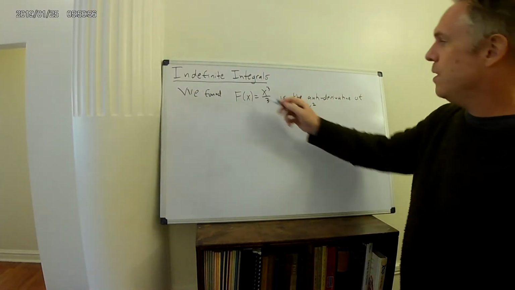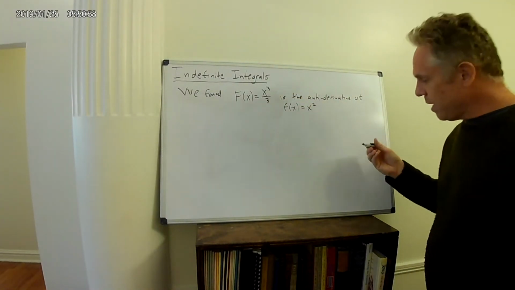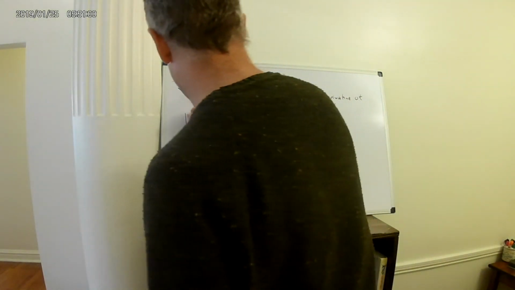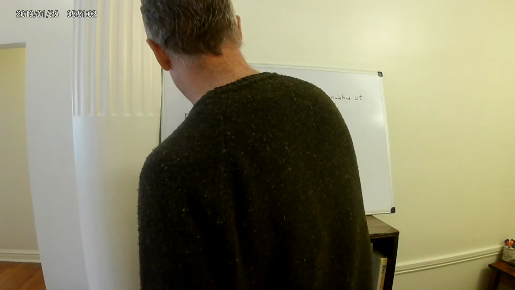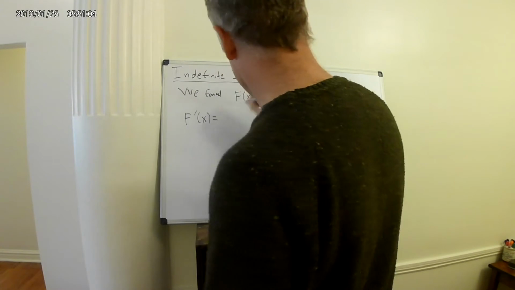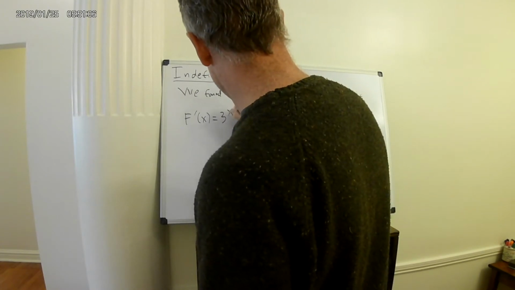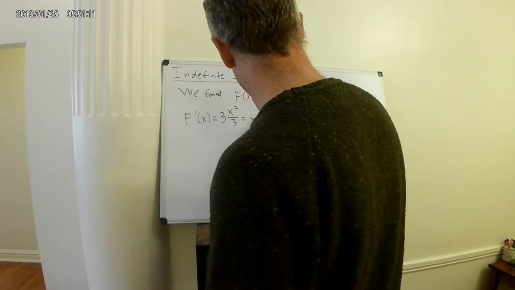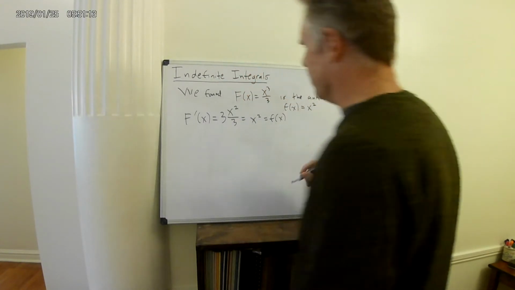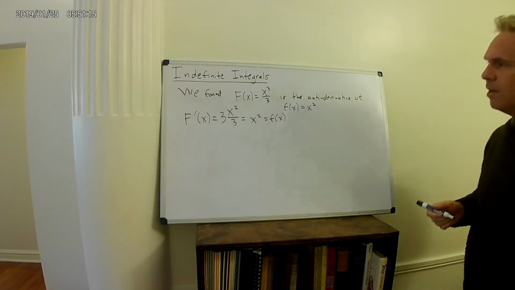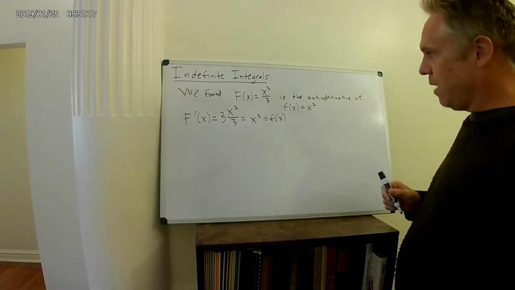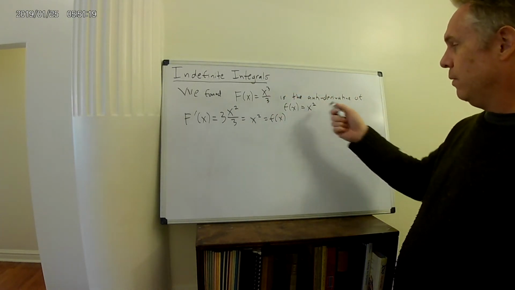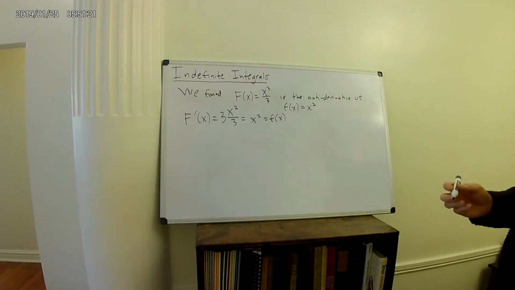If we take the derivative of this, we get 3 times x squared over 3, which equals x squared, which equals f of x. So this is in fact the antiderivative.